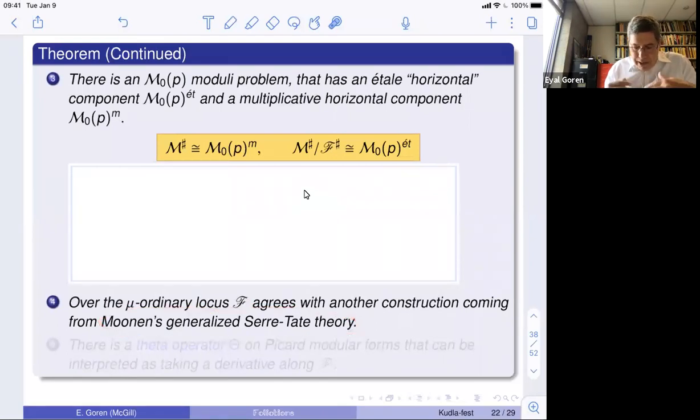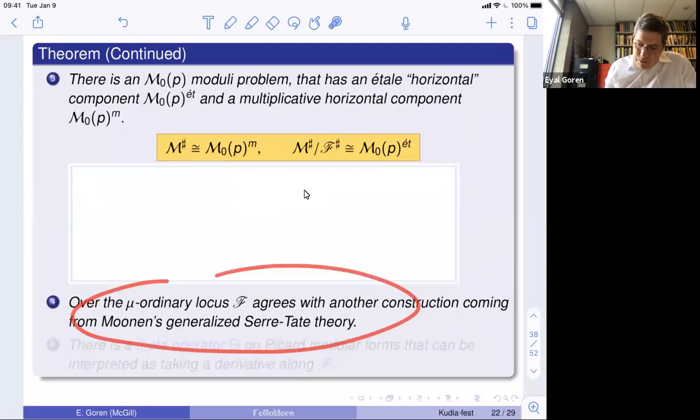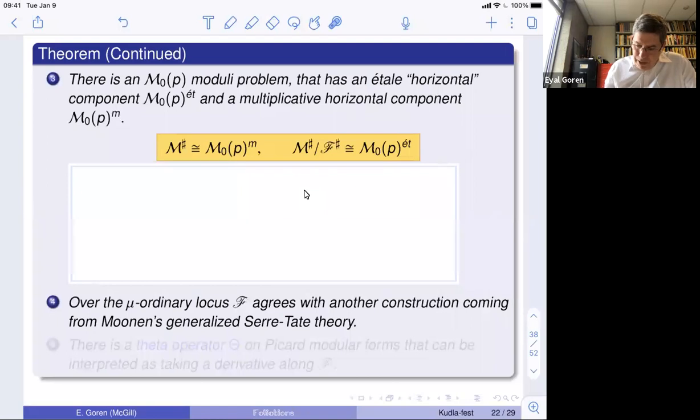Okay, so this comes from understanding the deformation theory of those abelian varieties with OE multiplication. And this deformation theory suggests another construction of foliation, and we show that it agrees with our construction.